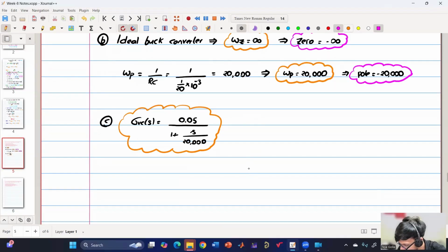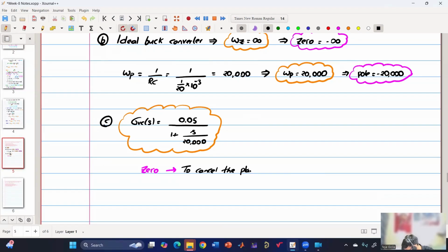So what type of controller does it become? PI controller. Very good. So we need a zero to cancel the pole, and we need an integrator or one pole at the origin to achieve zero steady state error.